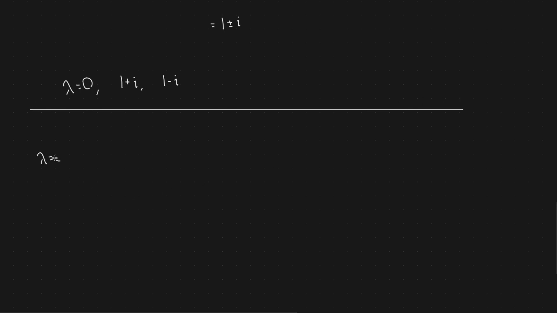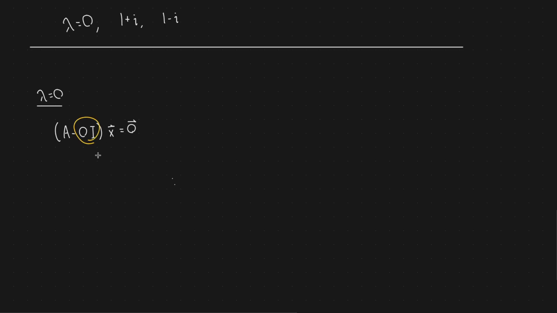So let's look at lambda equals 0. That's going to be A minus 0 times I times vector x equals 0. Now, of course, 0 times I is just 0, so I'm just going to get A here.